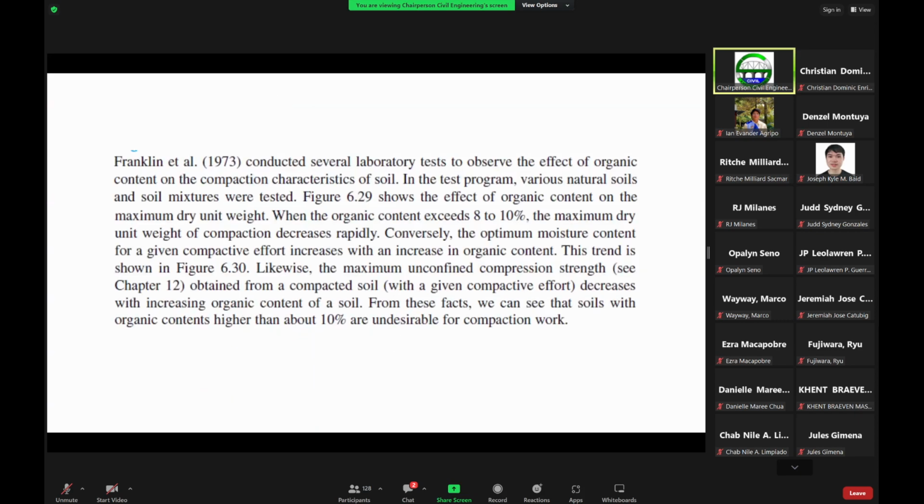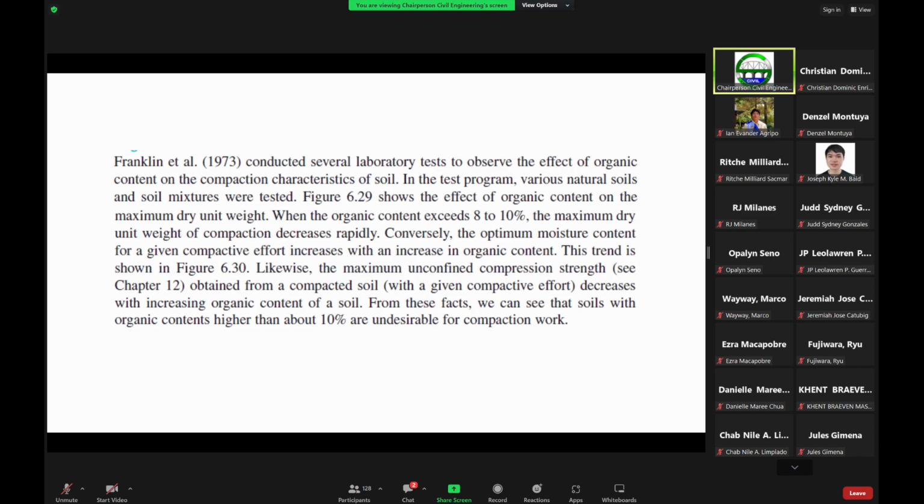In that plot, when the organic content exceeds 8 to 10%, the maximum dry unit weight of compaction decreases rapidly. Conversely, the optimum moisture content for a given compactive effort increases with the organic content.